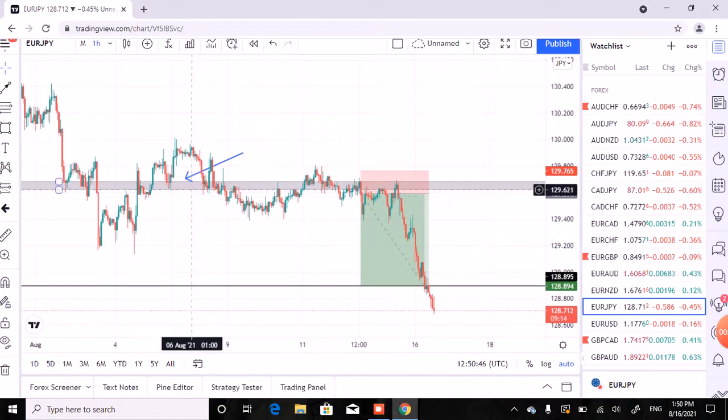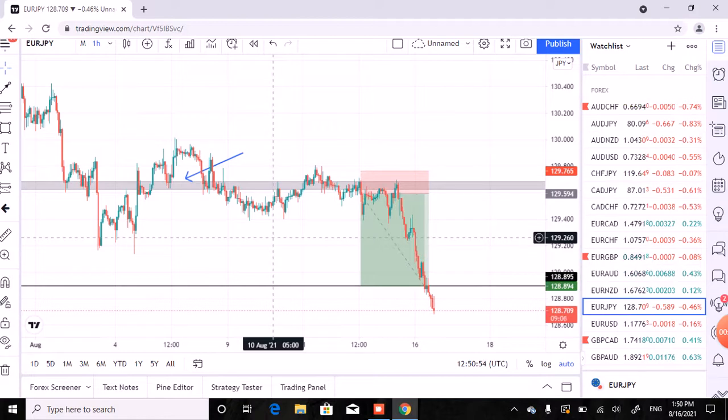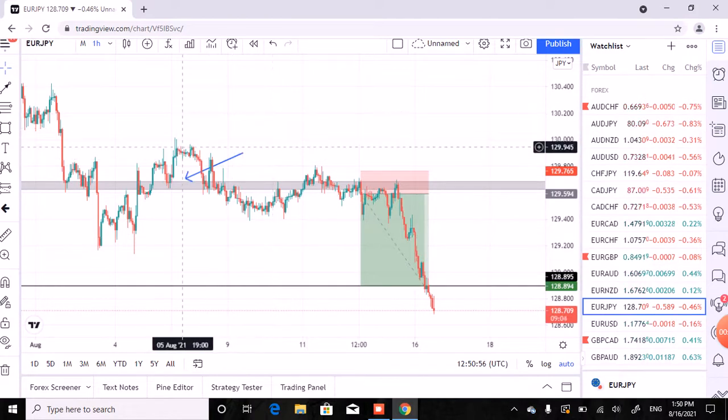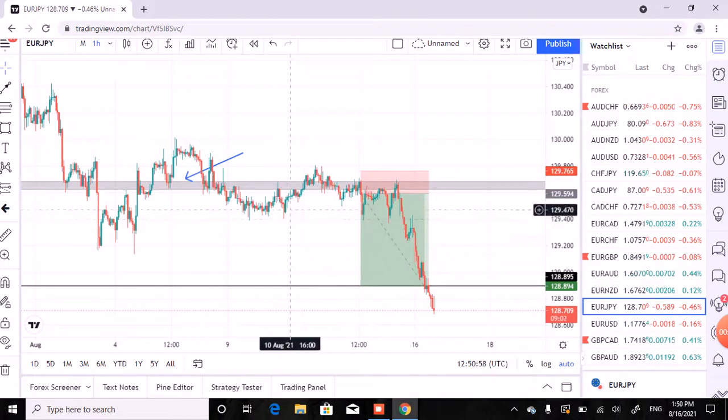Now obviously what I was waiting for was for price to retest this area and show me indications for entry. Now what price did was break below the zone. At the first retest, it came down. I didn't enter here because I didn't like the whole formation that was around this place. Now price broke above the zone again.